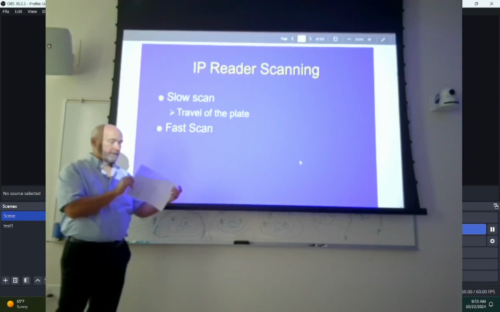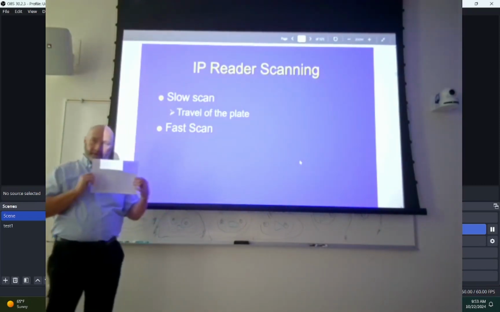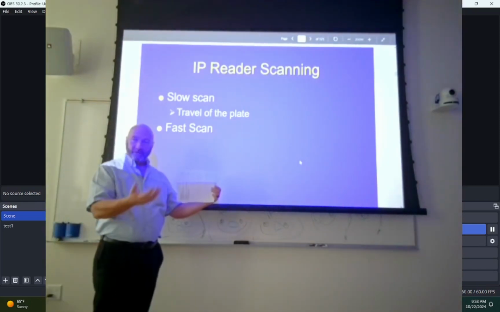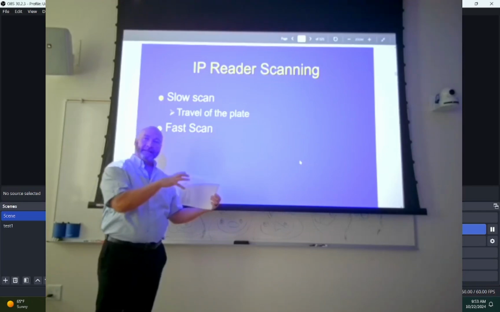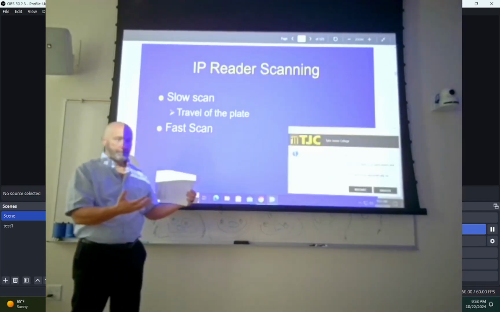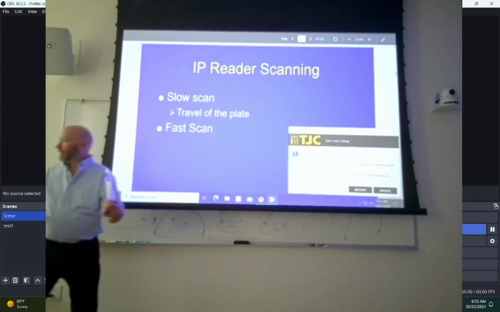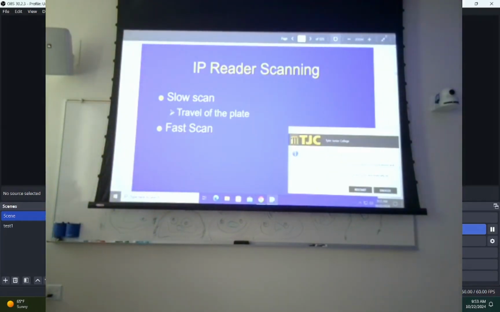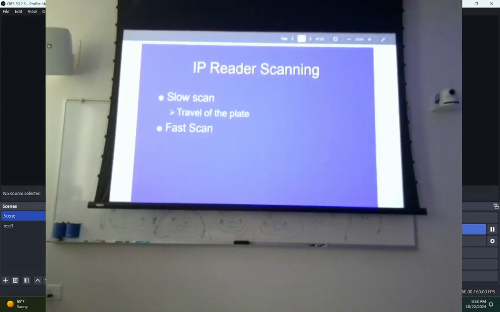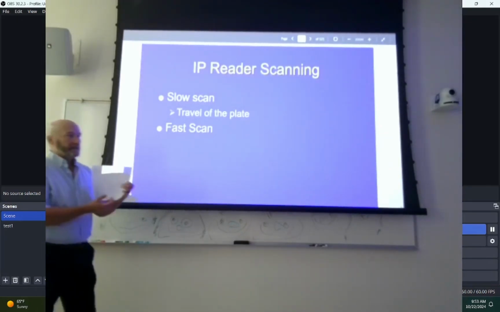We'll put this into the CR system. The CR system takes it in, and just like screens and films, inside this controlled environment, minimal dust. What will happen is the system will open the cassette and remove the imaging plate, and then it scans it.